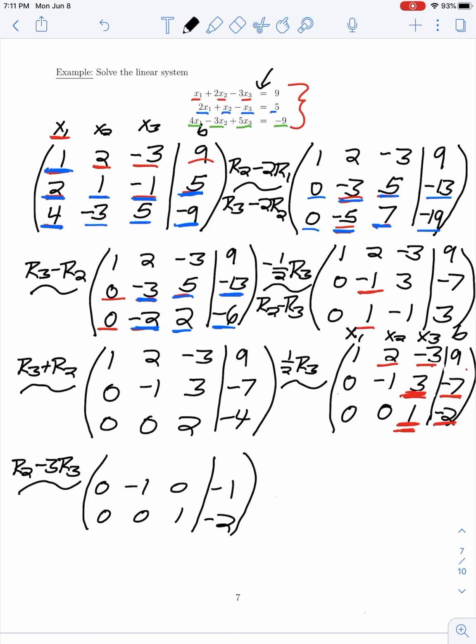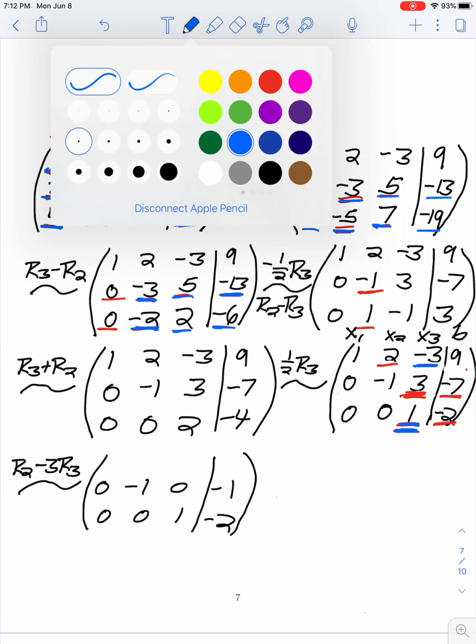Now in that same step, let's say that I want to kill off the coefficient of -3 in that first row. So if I were to make use of this row below that, or my last row, I could multiply my last row by a +3 and add it to the first row.